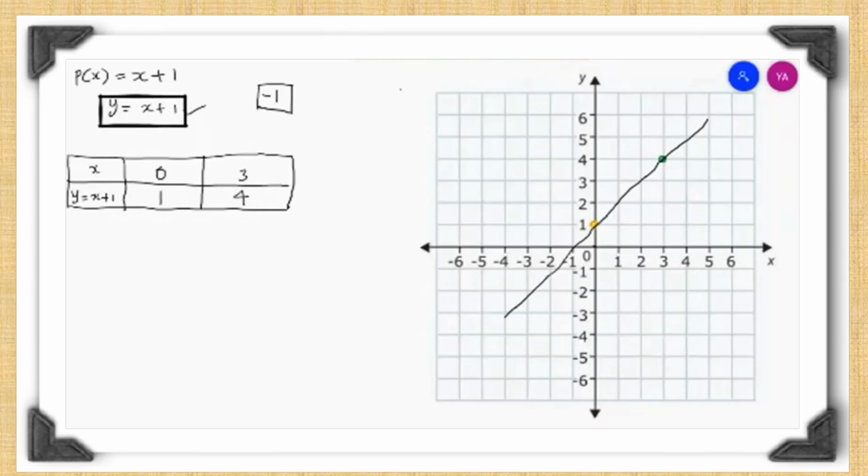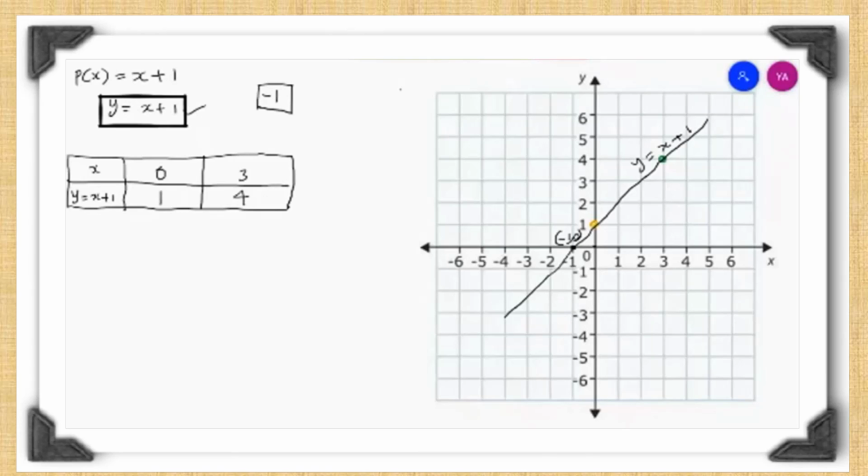Where does this line y is equal to x plus 1 touch the x-axis? It meets at -1, right? What is the coordinate of this intersecting point? -1, 0. Yes. You know how to write the coordinates of any point on the plane. So (-1, 0) is the coordinates of this intersecting point.